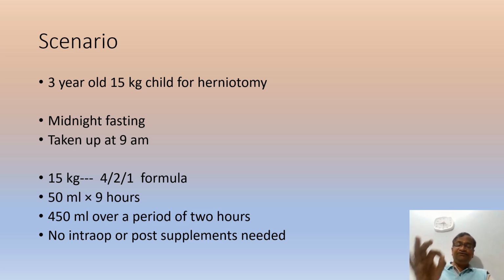Now, if your herniotomy is also given caudal or spinal, then we may need to replace some volume for that vasodilatation, even though the vasodilatation in kids is less than that of adults. So this is important. Just because the patient is coming for herniotomy, saying don't give any fluids is not correct. If you have given a spinal, then you need to think about additional fluids.